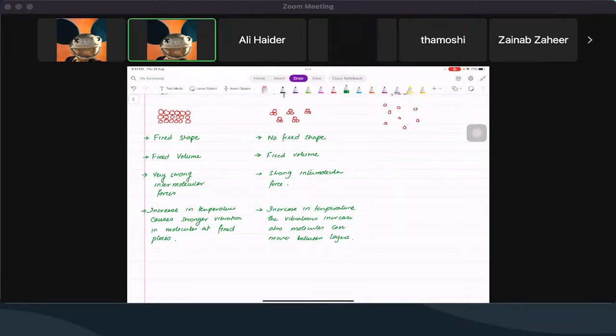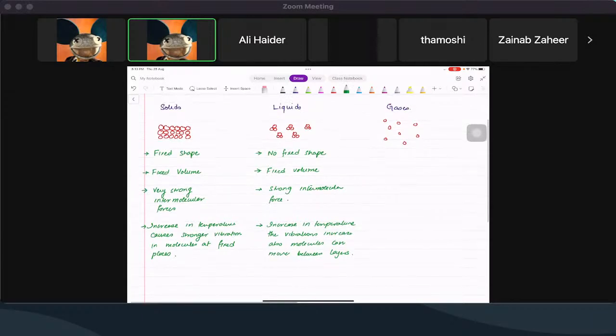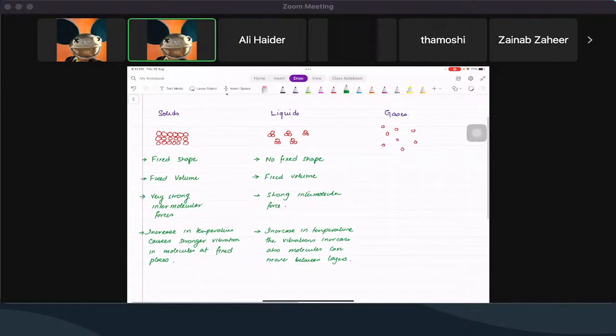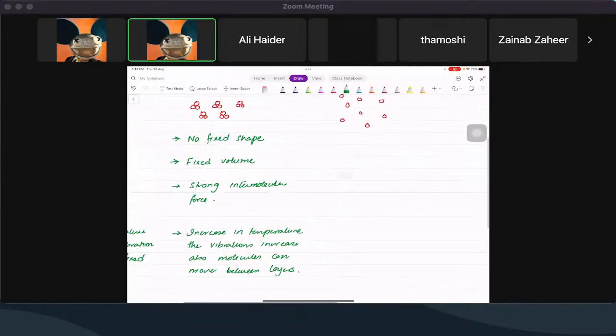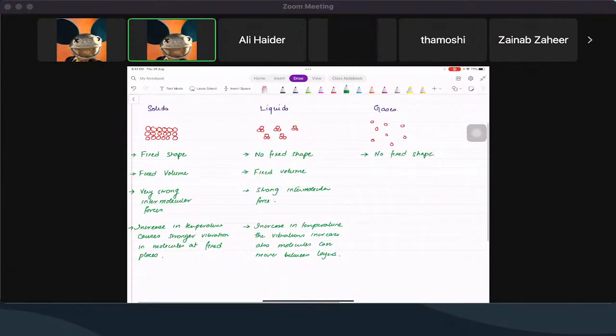Now, gases have no fixed shape, they have no fixed volume, because if you put them in a can, that's their volume. If you release them in a room, that's their volume, because they have little to no intermolecular forces.